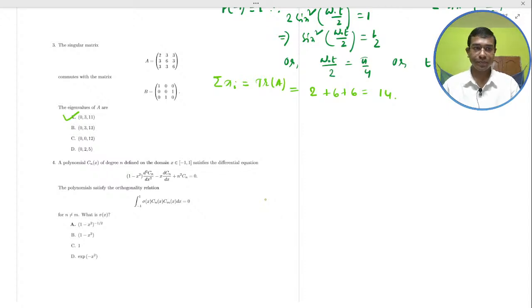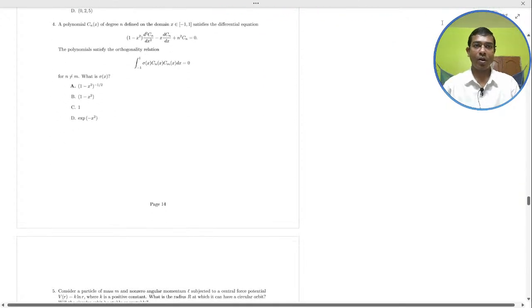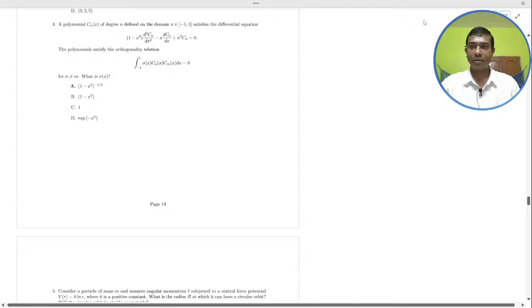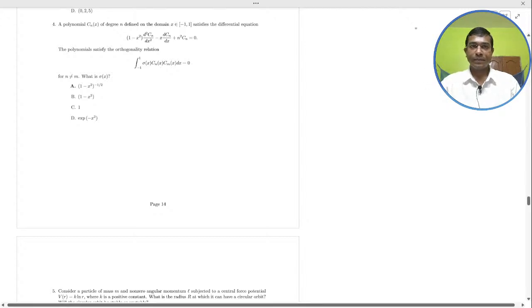Next, a polynomial Cn x of degree n defined on the domain x belongs to -1, 1 satisfies the differential equation 1 minus x square d square Cn dx square minus x dCn dx plus n square Cn equal to 0.